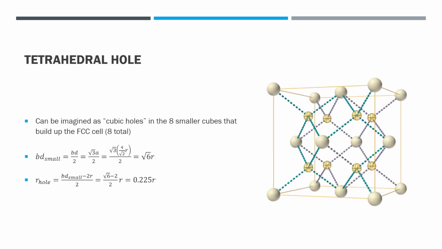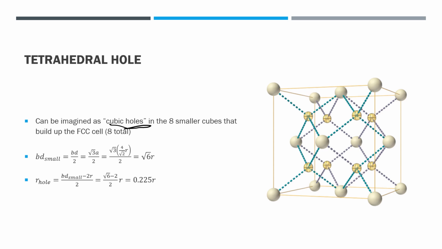Now the last type of hole I want to discuss are the tetrahedral holes, and I think these are the most confusing, especially for me. But how I like to imagine them is as cubic holes. They're basically like cubic holes in the 8 smaller subcubes that build up the FCC cell.